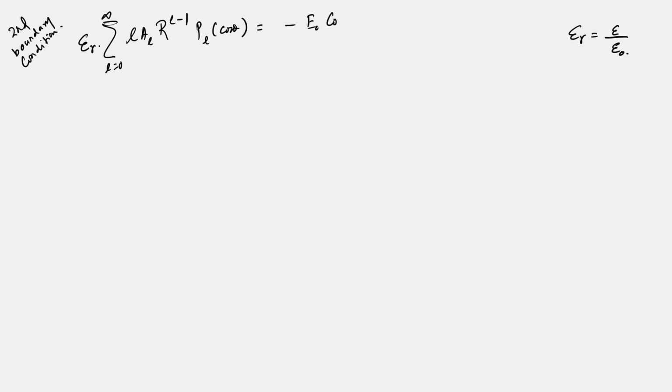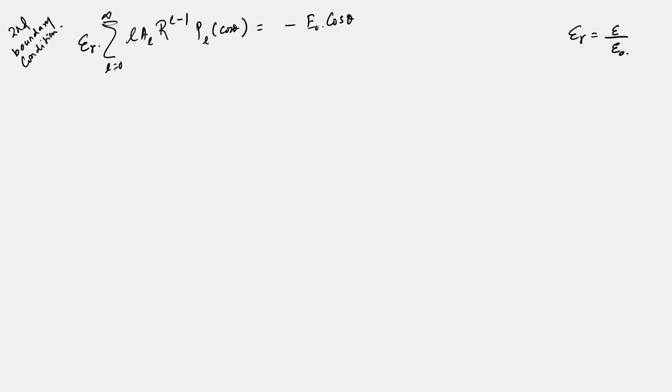So, epsilon r times the sum over L equal to 0 to infinity of L A L R^(L-1) P L of cos theta, and this is a minus E 0 cos theta, because I am not changing anything.